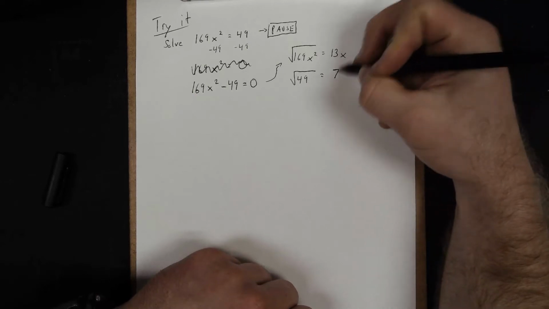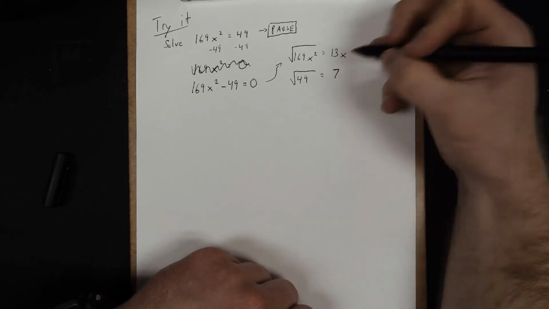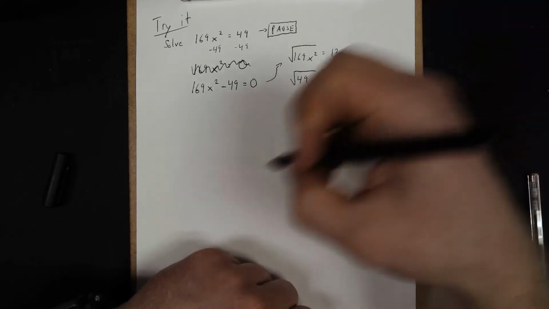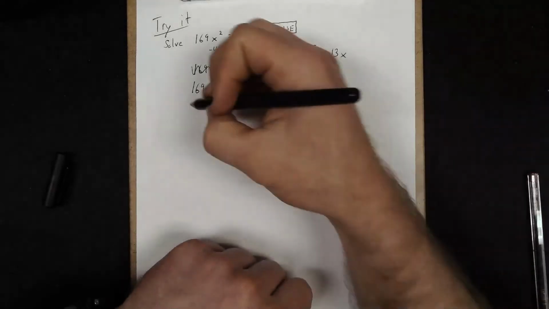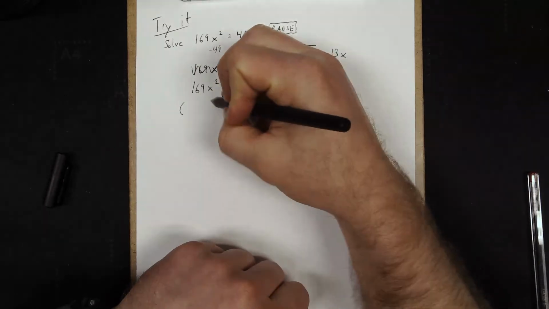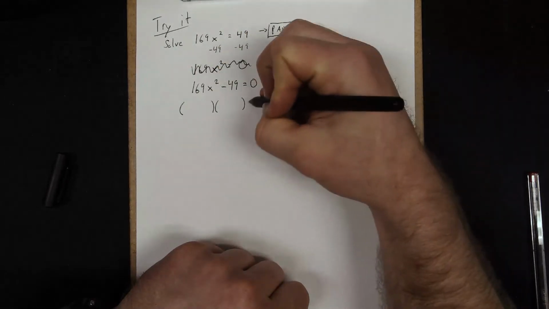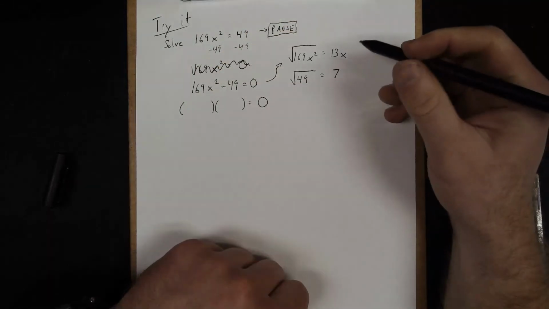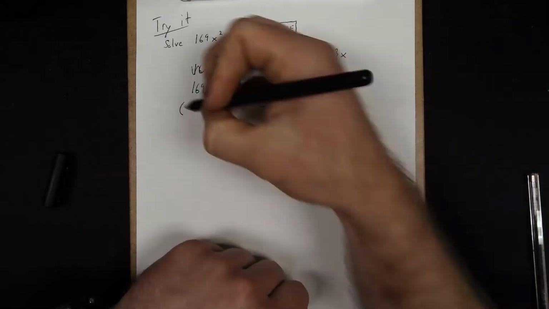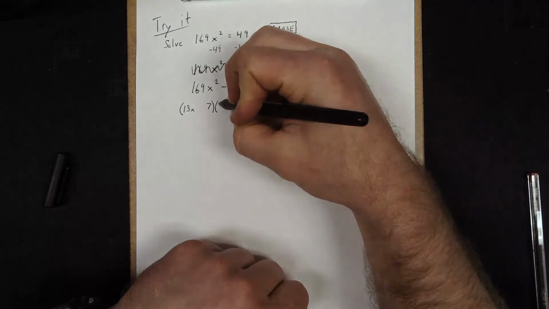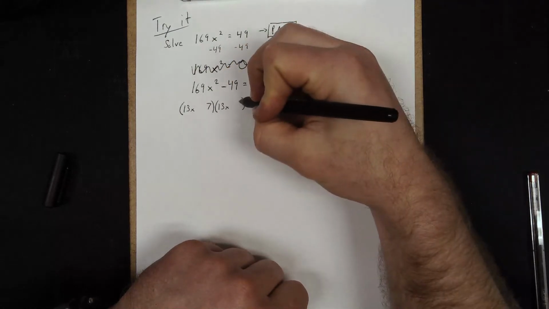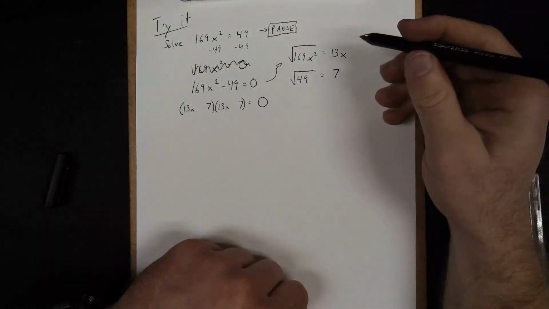So we can make our answer using these two numbers. Well, not our answer, but we can factor using these two numbers. So we go ahead, we make our parentheses. Okay. And from here, let's just put in our 13x and our 7.